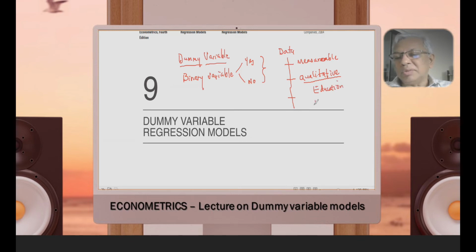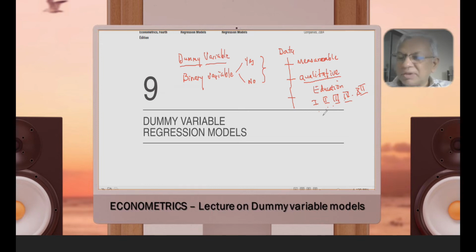If I say class 1, class 2, class 3, up to class 12, for example, there is a definite order between them. But the differences between class 1 and class 2, class 2 and class 3, class 3 and class 4 are unknown. So it's not like the difference is 1.